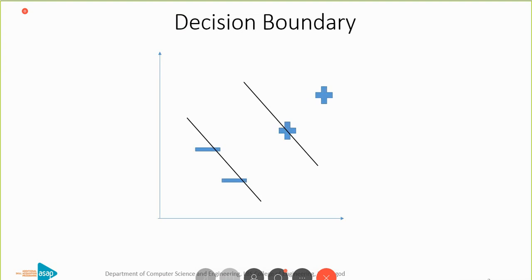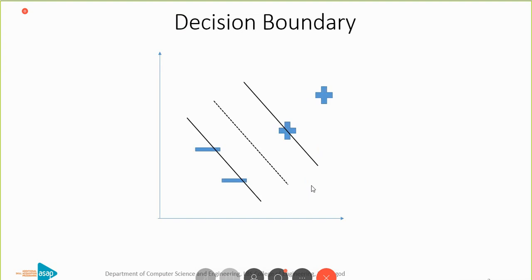In a support vector machine, the decision boundary is drawn with the view of putting the widest street. You can think of this as a street, and this is the median line of the street.